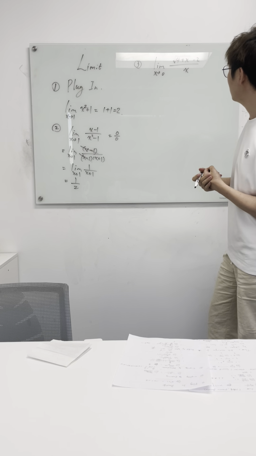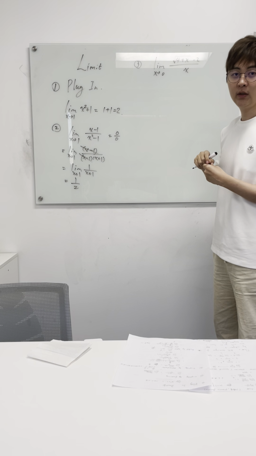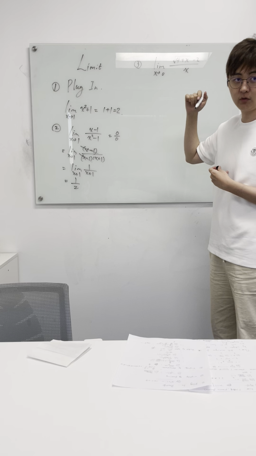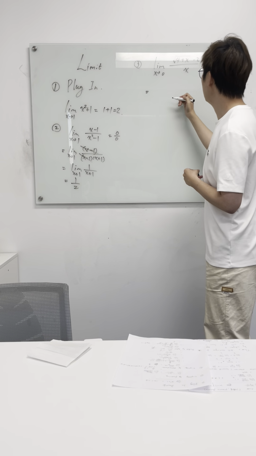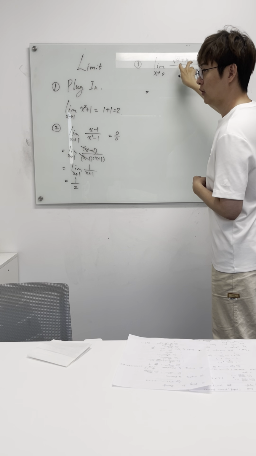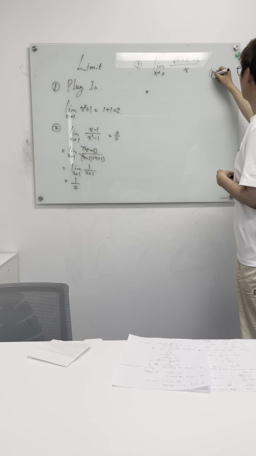You can see this kind of question has a square root, a radical form, right? For those kinds of questions, we use rationalization because we want to remove the radical form. So for this one, we can multiply by the conjugate term. Do you know the conjugate term? That is, for a form a plus b, you have a minus b.